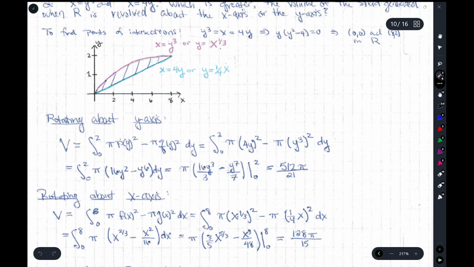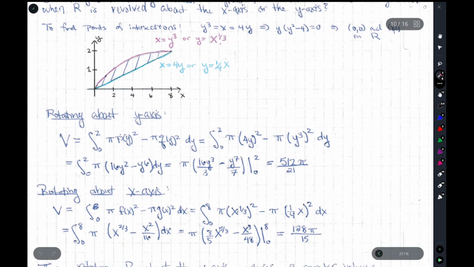This will give us the sort of diameter of the washer, and we're going to rotate that washer around the y-axis. When we do that, we get this integral. We just carry out the straightforward integration in y, and we get 512 pi over 21.